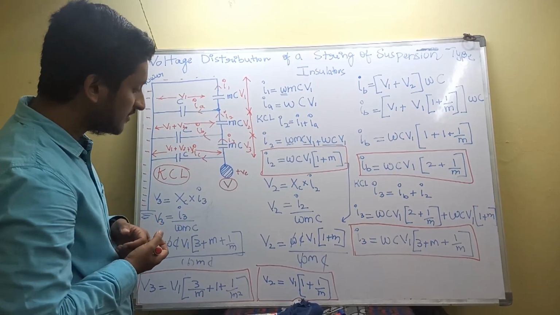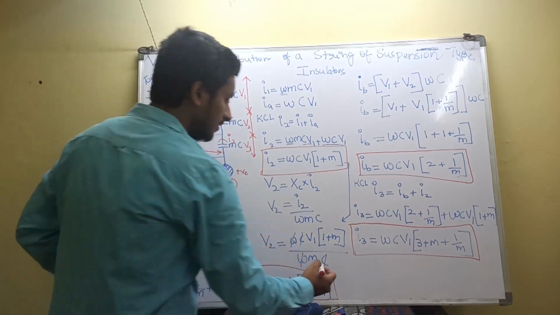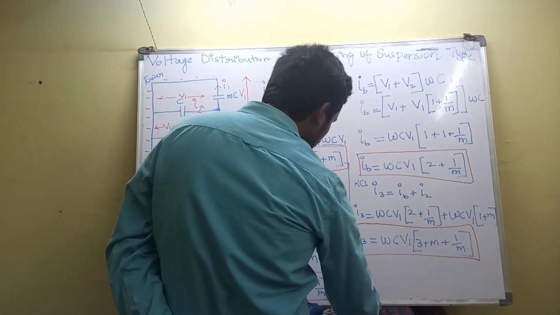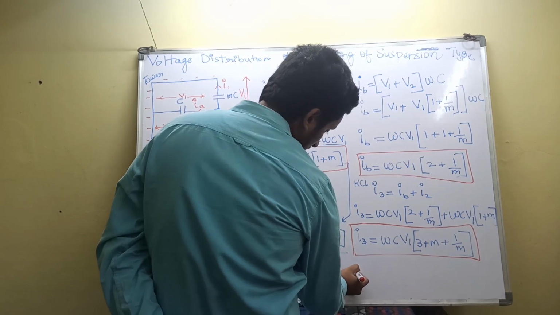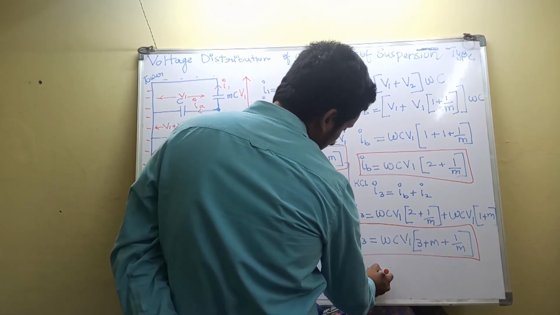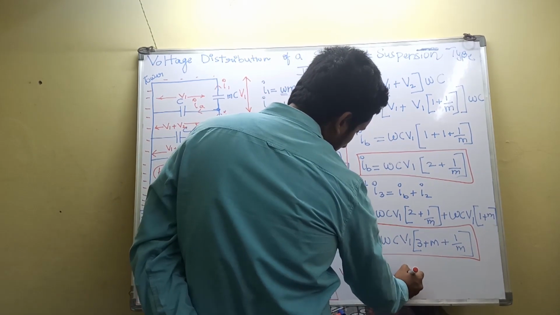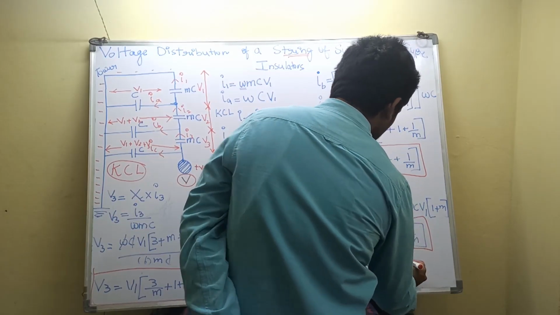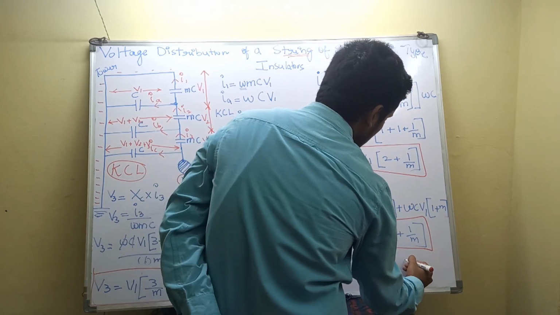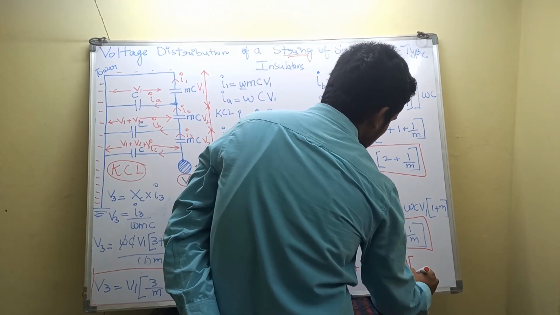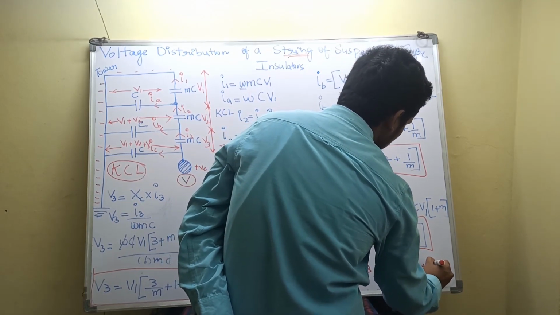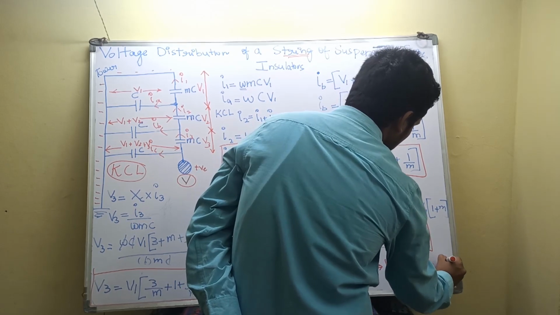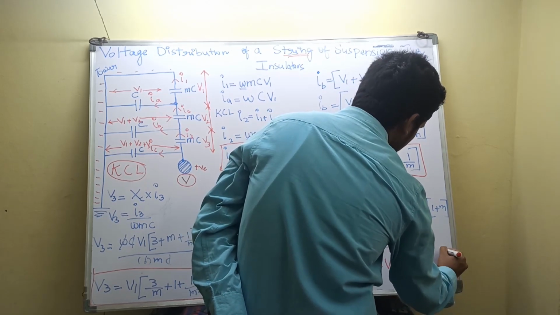So what is the final expression for V? Let us see. V is equal to V1 plus V2 plus V3. V is equal to V1 into 3 plus 4 by M plus 1 by M square.